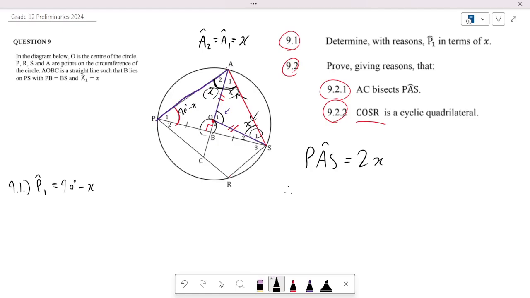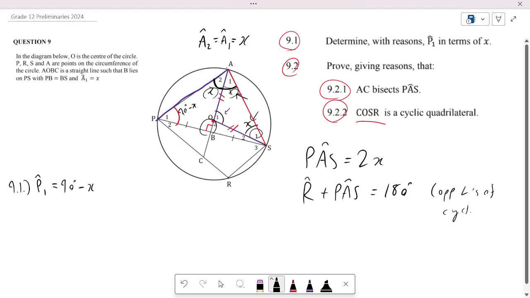So here we can say that angle R is going to be equal to, and remember that in a cyclic quad, the opposite angles must add up to 180 degrees, right? So angle R plus angle PAS must equal 180 degrees. And the reason is opposite angles of a cyclic quad.